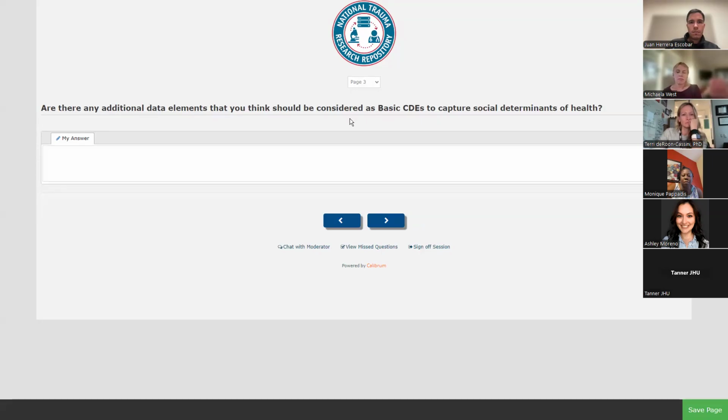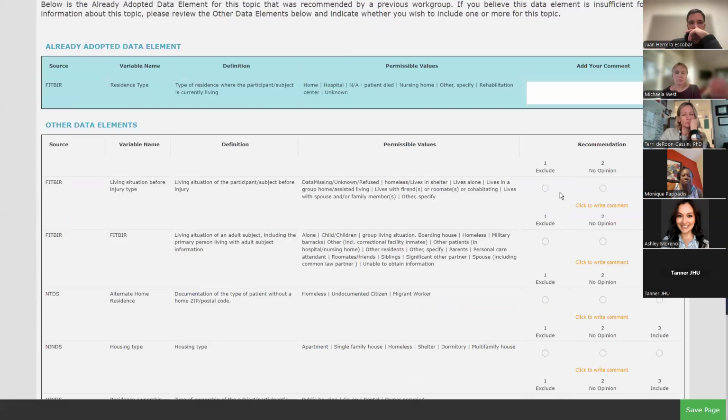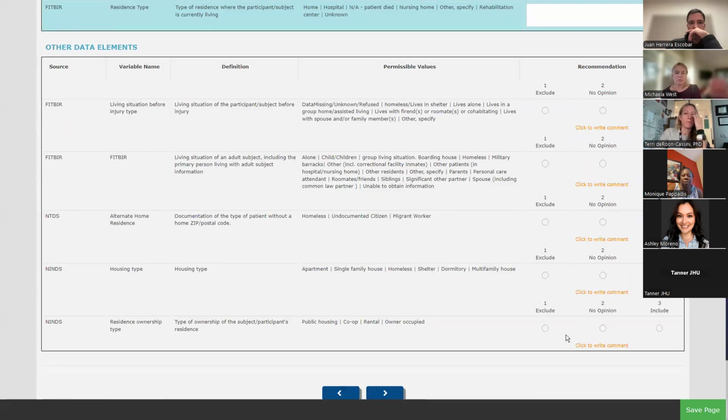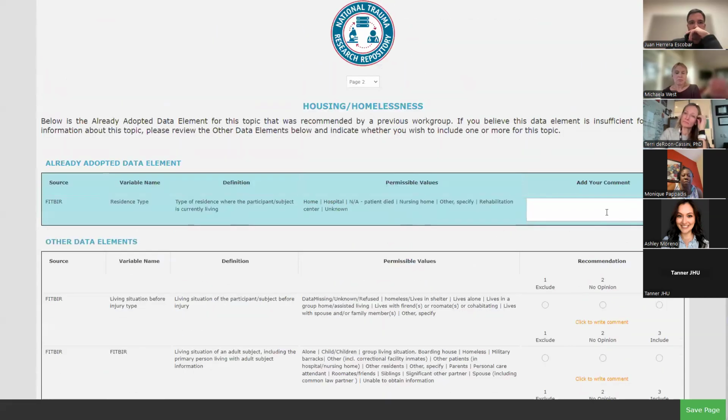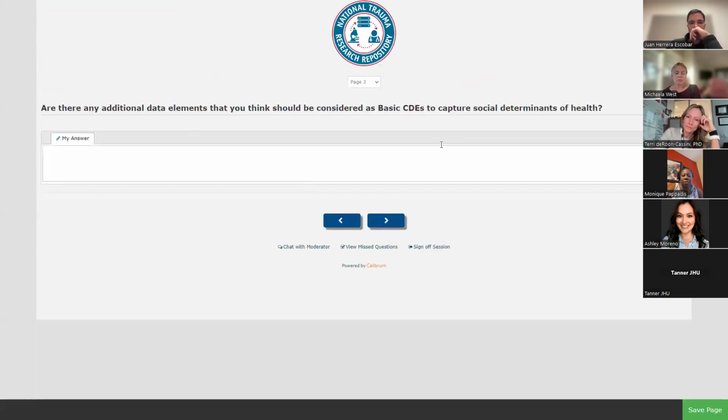So by all means, if there's specific elements, like let's say for housing, that you think we should pull, you can feel free to leave a comment here or literally in any of these boxes. If you think that we should add and pull another definition to put down here in the bottom, we can do that. This is more of a, hey, is there a big topic that we are just missing right now that we need to start pulling information from and create a whole new page for that topic.